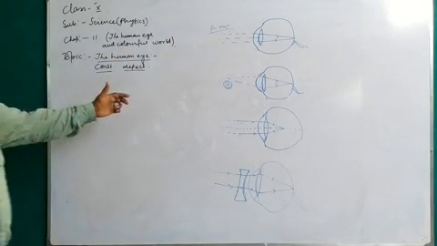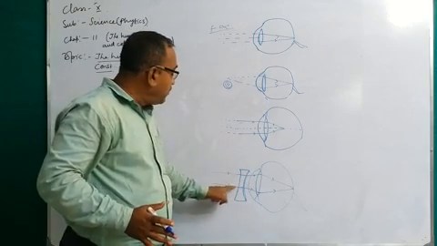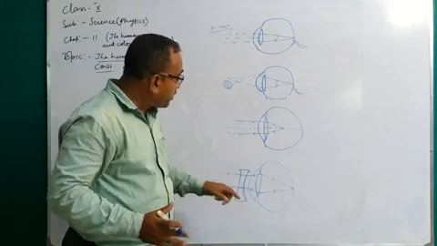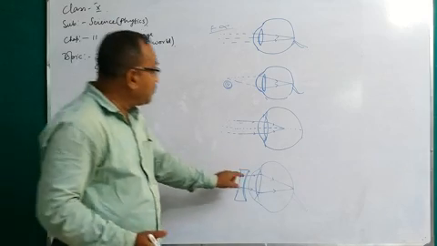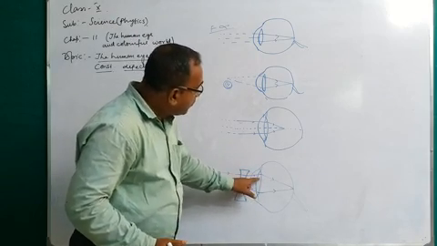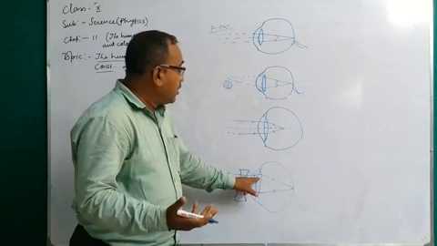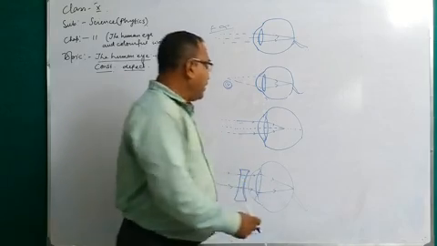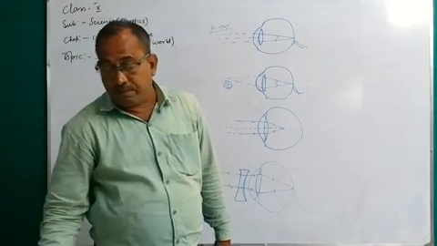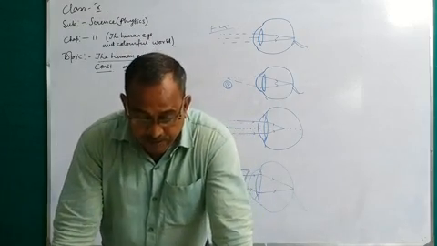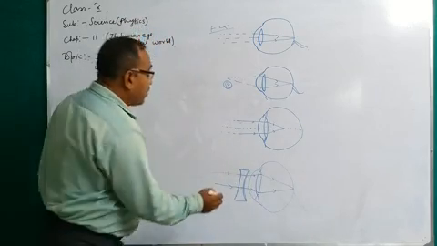Concave lens means divergent lens. The rays will diverge. You see here, the parallel rays come and are incident on the concave lens. After refraction, you see the rays will diverge. Due to the divergence of rays, on the convex lens of the eye, again the rays will meet on the retina, the image will form on the retina, you will see it clearly. With the help of this concave lens, you can correct it and you will see this object clearly. Okay.